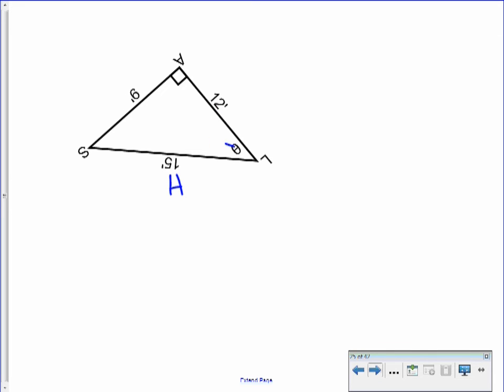Where's the opposite? Where's the adjacent? Okay, so you got to first start with where's my reference angle. Then you got to look around and see where the opposite and the adjacent are. The hypotenuse, of course, is always going to be across. Question?